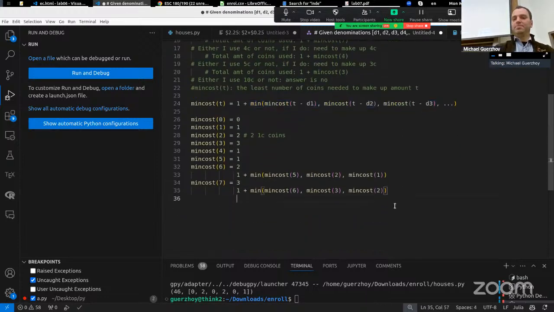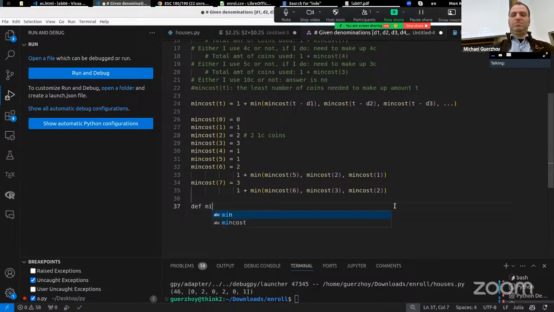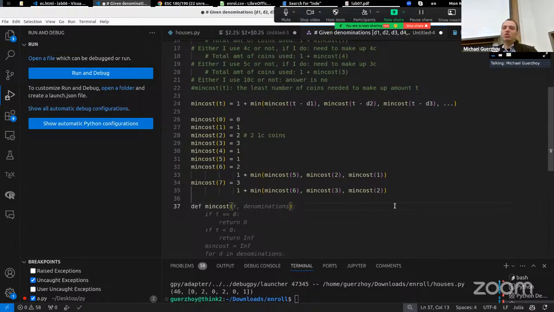So let's write it up. I'll call it min cost. It's called opt, and sometimes people just say opt instead of min cost in the handout. So it's going to get t and it's going to get denominations.